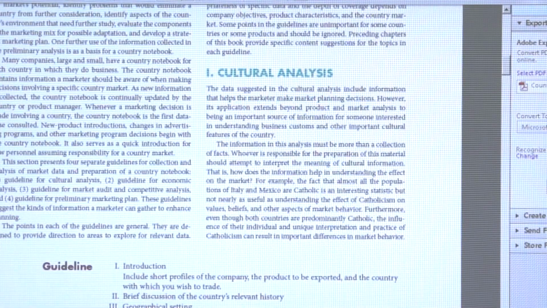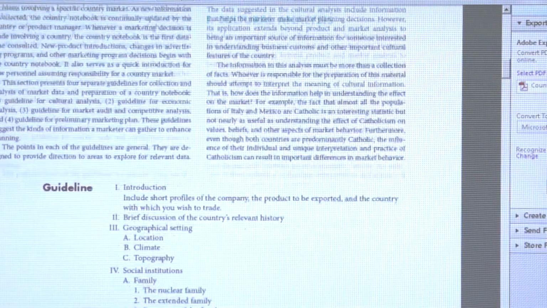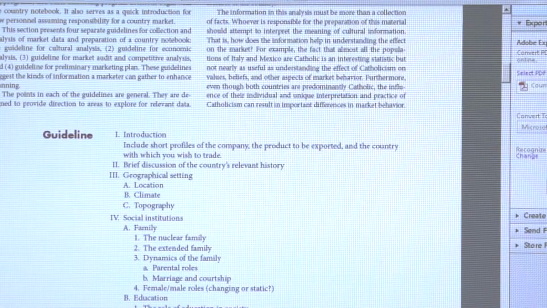Okay? And again, the whole idea, quick line here: the information must be more than a collection of facts. Whoever is responsible for preparation of this material should attempt to interpret the meaning of the cultural information. So how does it help in understanding the effect on the market? They give the example of Mexico and Italy being Catholic.